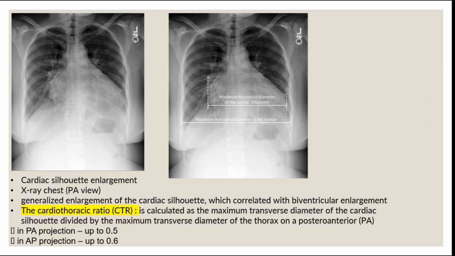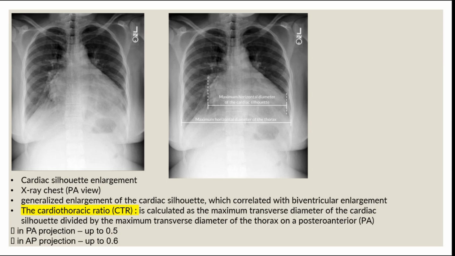So in this one, I'm focusing on important findings, and one of the important findings is the cardiac. We can see here enlargement of the heart, and how can we know that? We know it by the cardiothoracic ratio. We calculate the maximum diameter of the cardiac silhouette to the maximum diameter of the thorax.